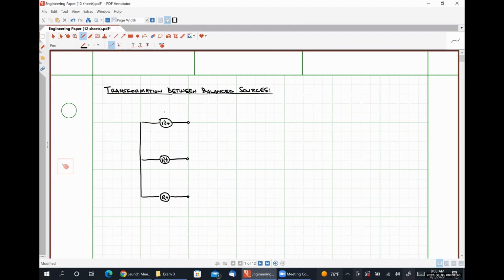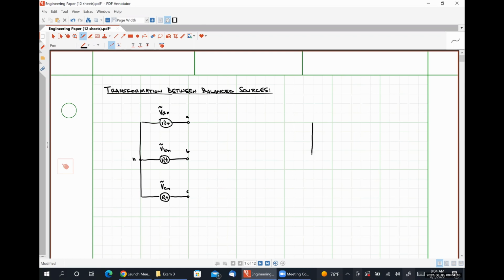And let's call this terminal A, B, C, and over here, this will be terminal N. I'm not explicitly drawing a neutral conductor here since our delta connected source will not have a neutral conductor to speak of. It's entirely irrelevant. This voltage will be VAN. This is VBN, and this is VCN.